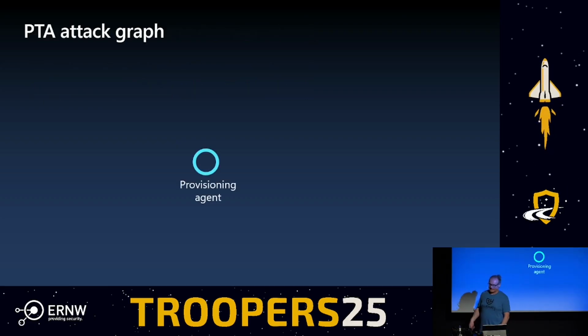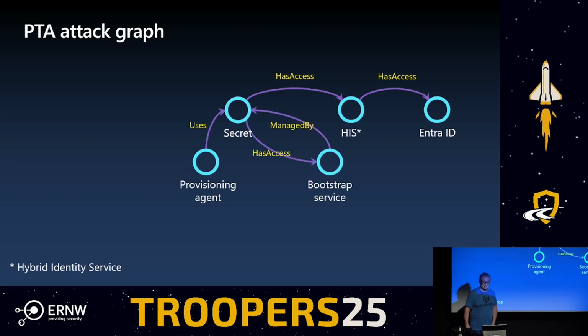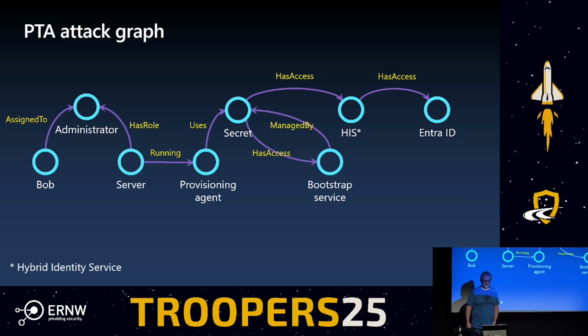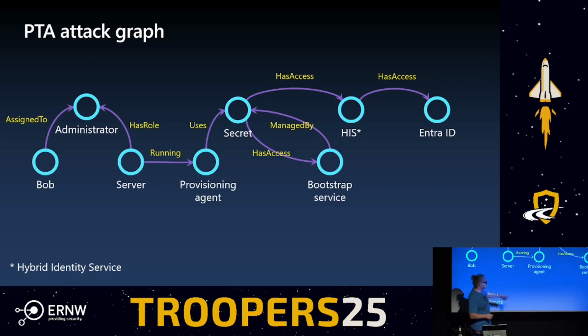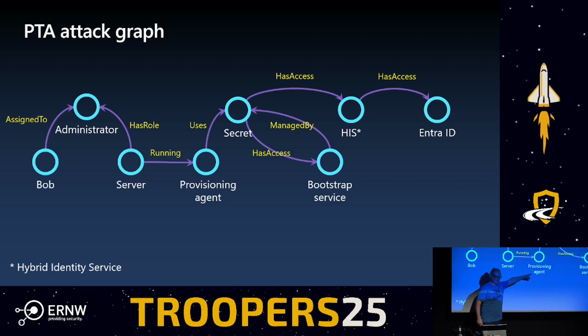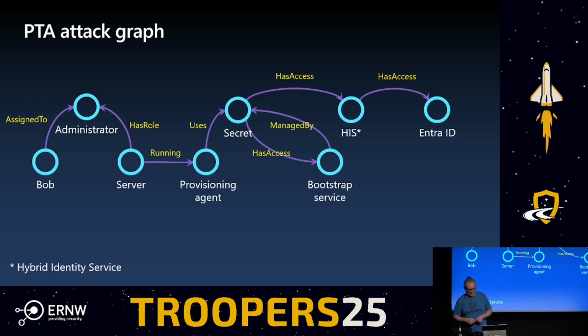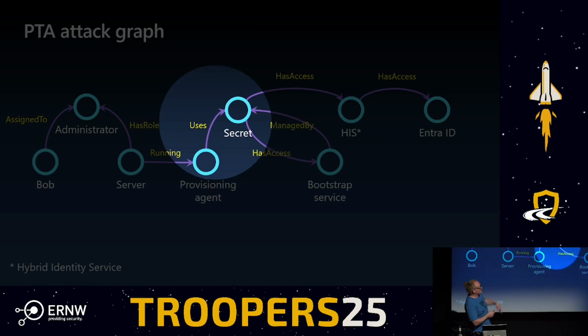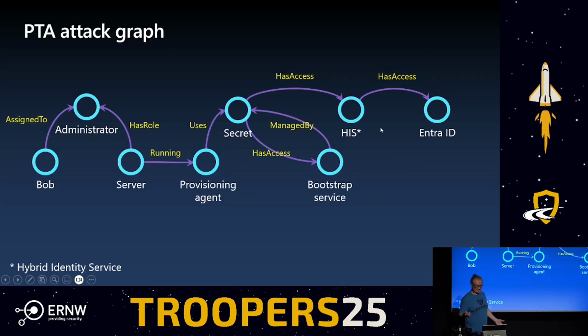So the attack graph is pretty much the same, so we can do this a little bit faster. It's just a different service, but it's the same agent, and that actually should say password authentication agent, but technically it's using the same thing, except that you don't have the sync account here, because you are not syncing anything.